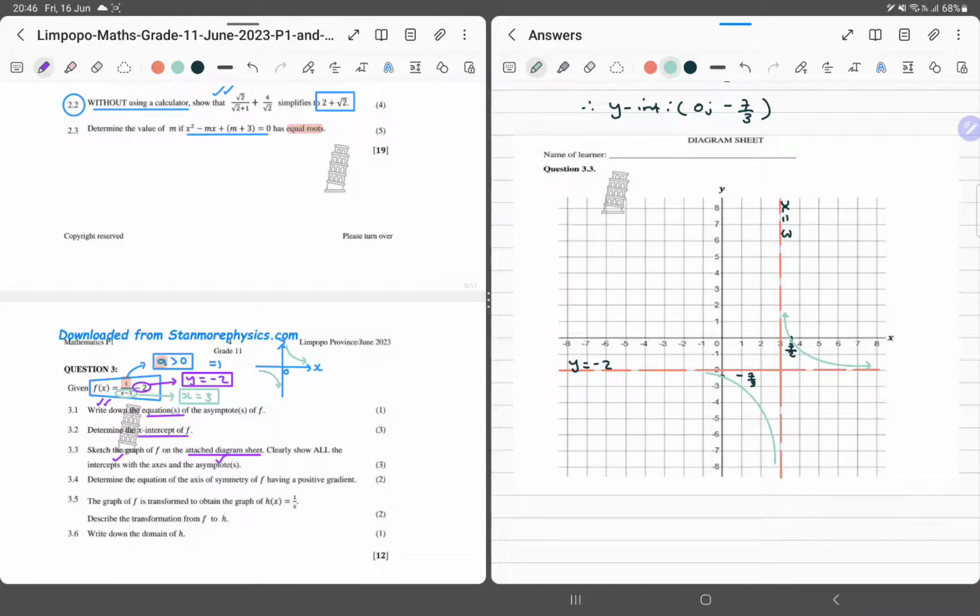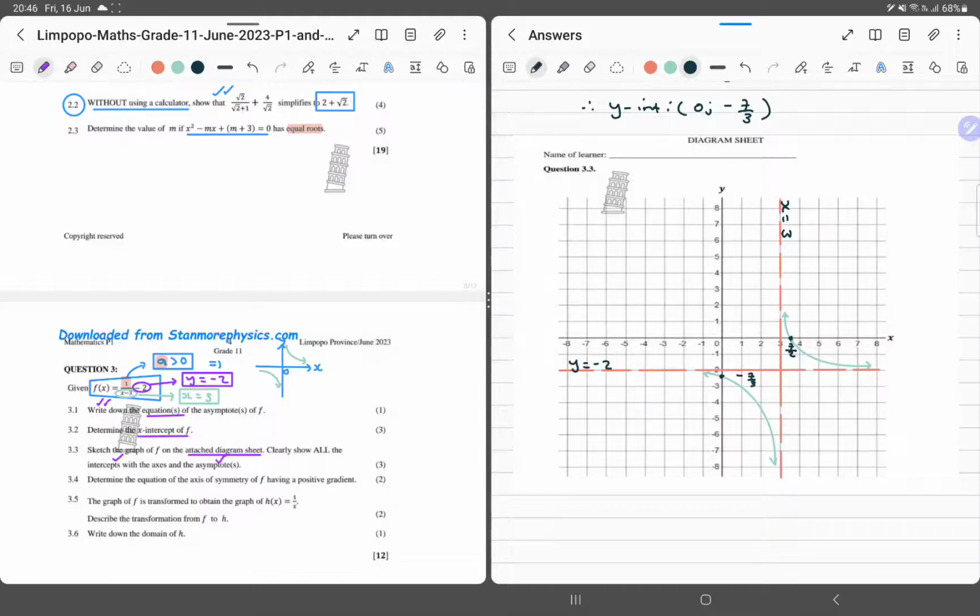Okay, does it look right? Doesn't really matter, does it? Okay, so we've got our intercepts right there. We've got our shape. So you get a mark, okay?